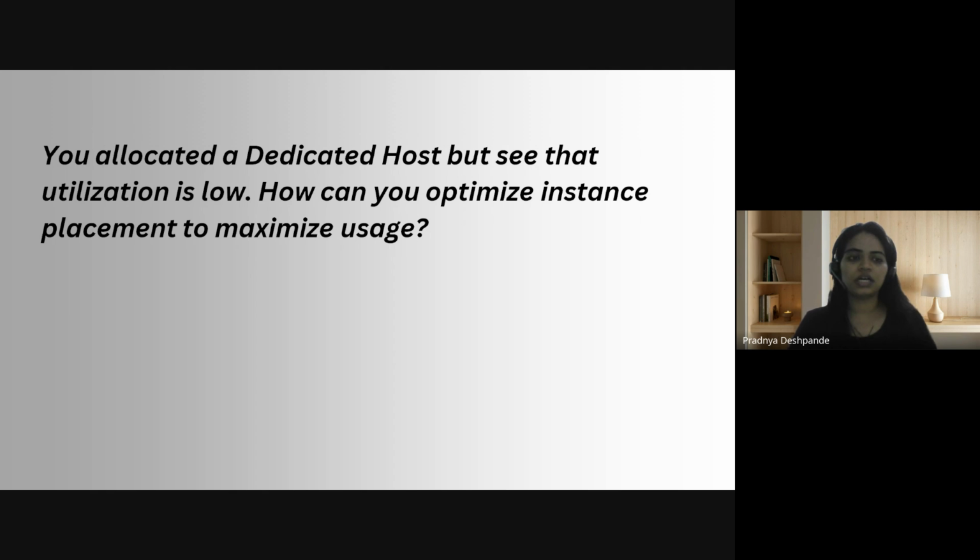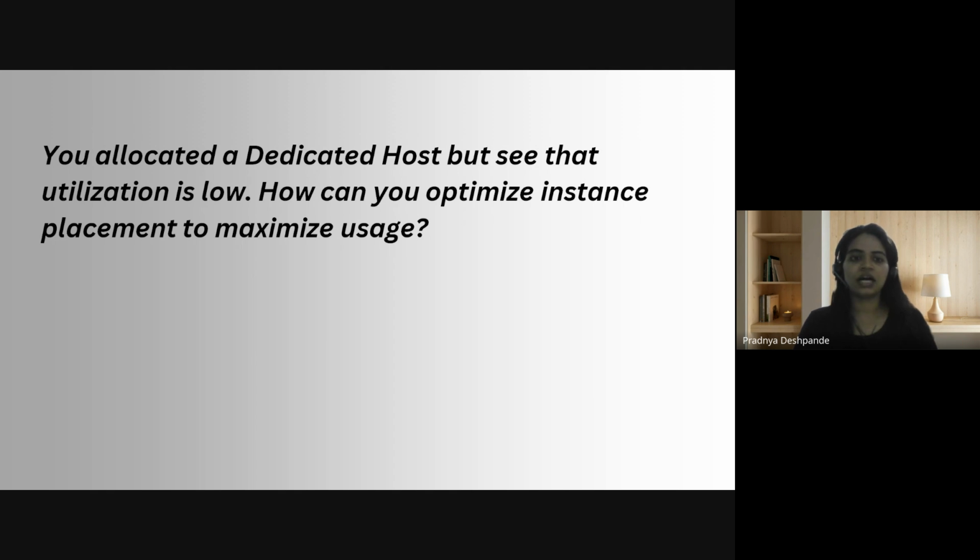So for that we can launch multiple EC2 instances from different families and different sizes. But again, it's a dedicated host, so we need to consider that the instance families which we are choosing, and the sizes, should fit into the host capacity.